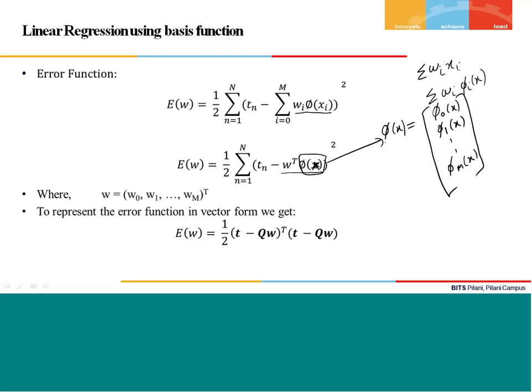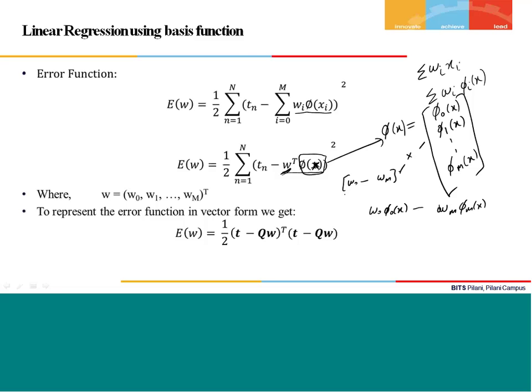and I'm transposing it with w. Because it's m dimension, the weight vector should be m dimension. When I multiply my w0 up to wm dimension vector with this transpose, what I will get is w0 into phi 0 x, likewise wm into phi m x.